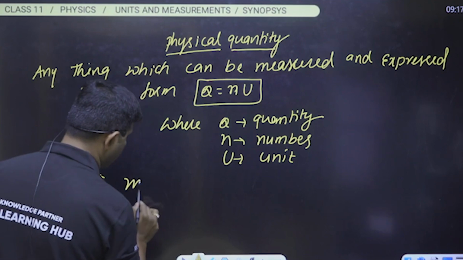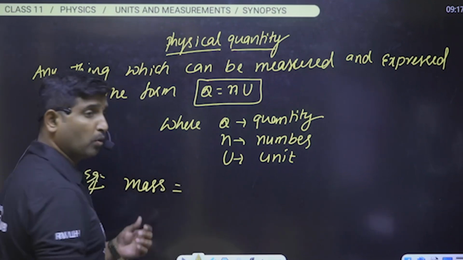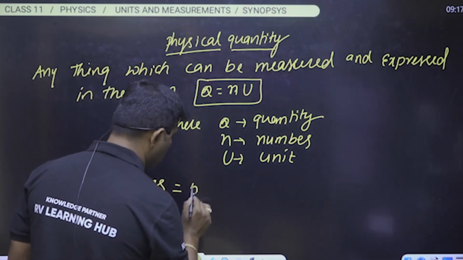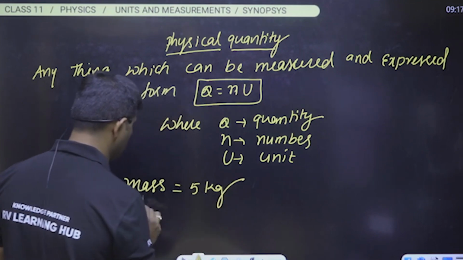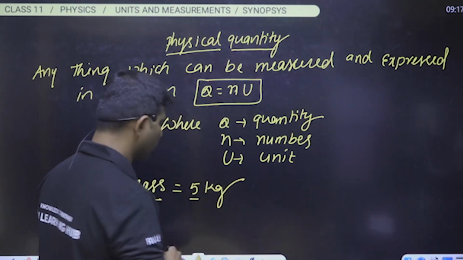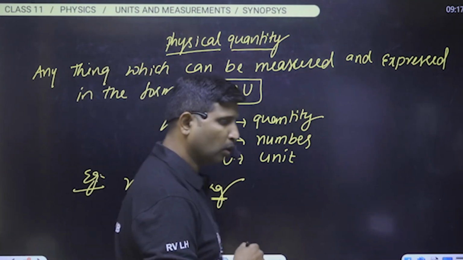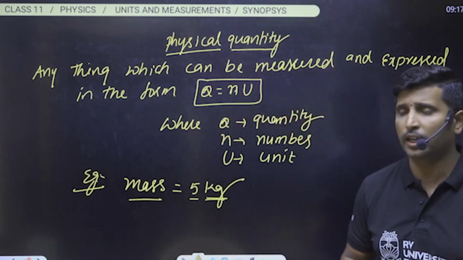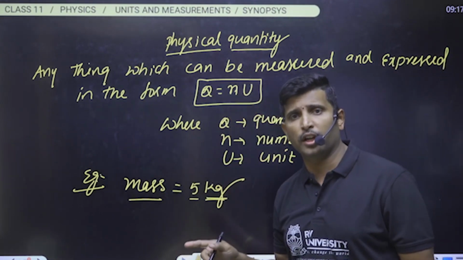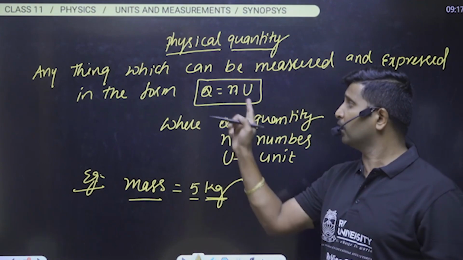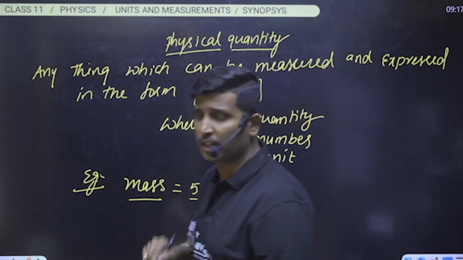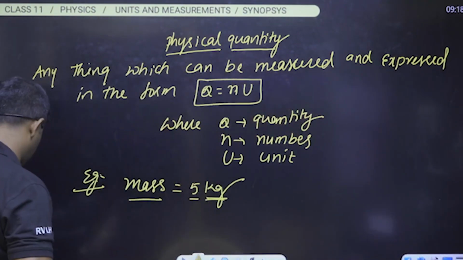For example, mass is a physical quantity: mass equals 5 kilogram. Mass is a physical quantity, 5 is a number, kilogram is a unit. Like this, if we measure any quantity and express it mathematically in the form of N into U, that is called a physical quantity.